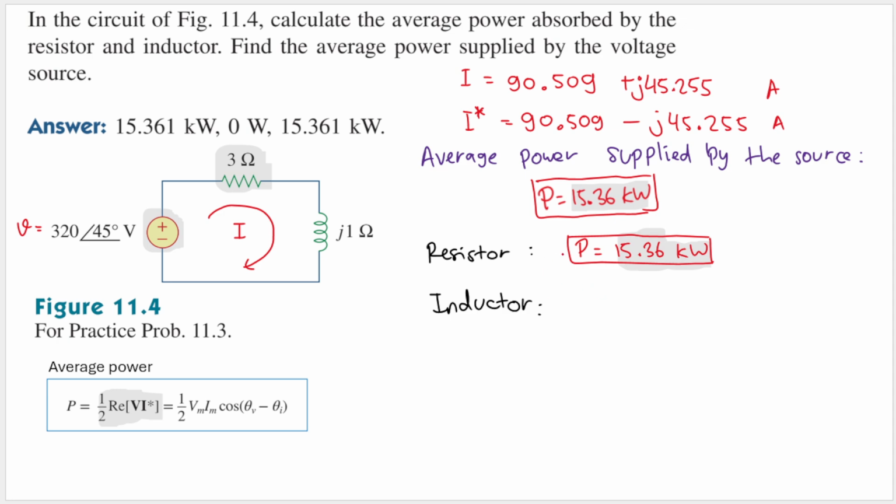That means that we can just write that there is no power absorbed by the inductor, or that will be 0. The unit will be in kilowatt or watt, it is the same because it is 0. So this is the answer, and I think that's all for this problem.